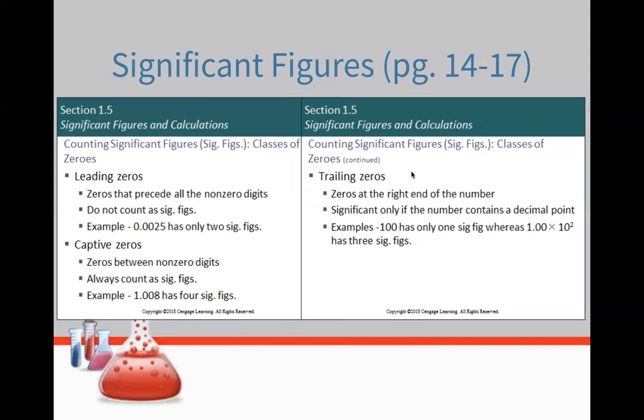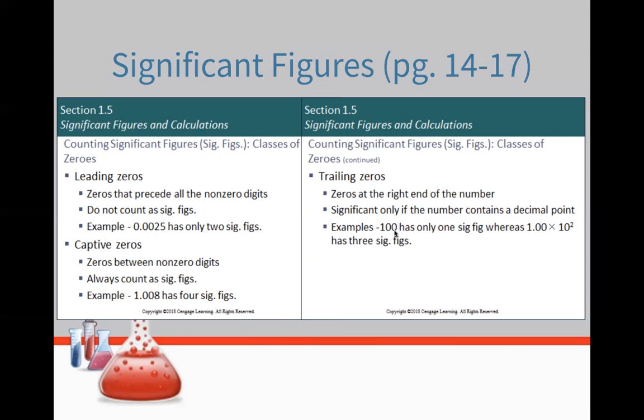Trailing zeros depend. If there is a decimal point, they are going to be significant. In this case, 1.00 times 10 to the second, since we have a decimal point, these trailing zeros to the right are considered significant.